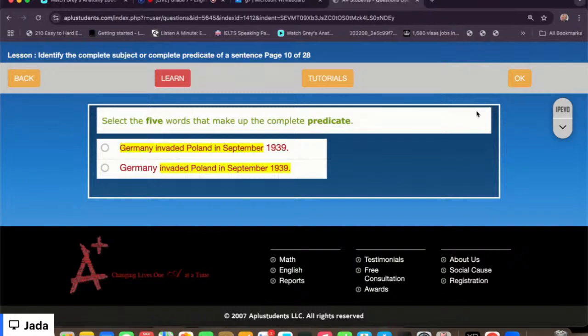Germany invaded Poland in September 1939. Select the five words that make up the complete predicate.